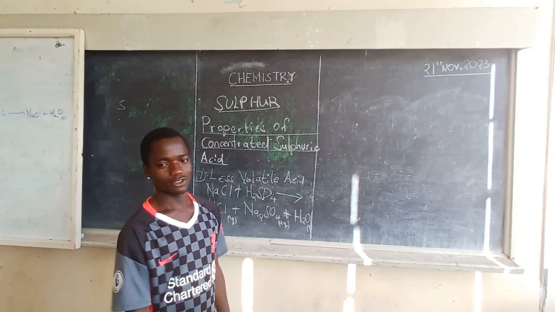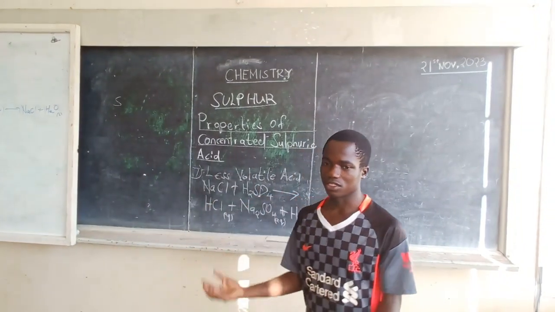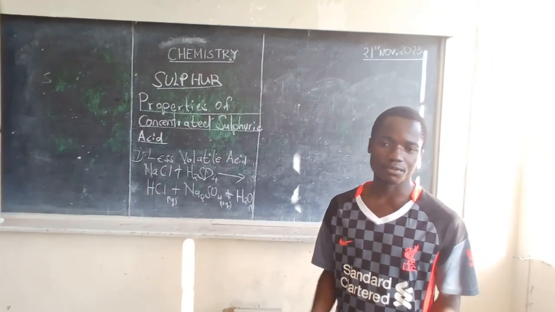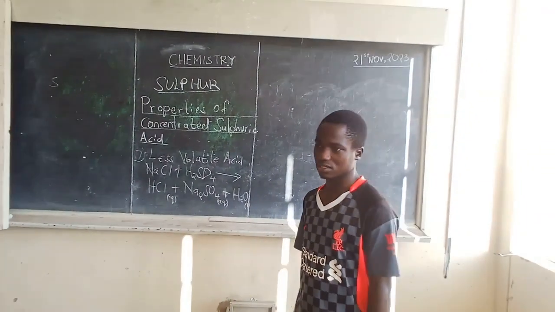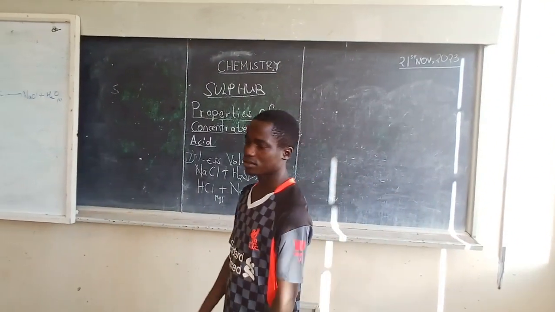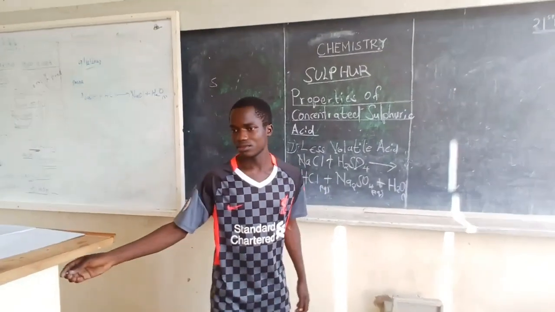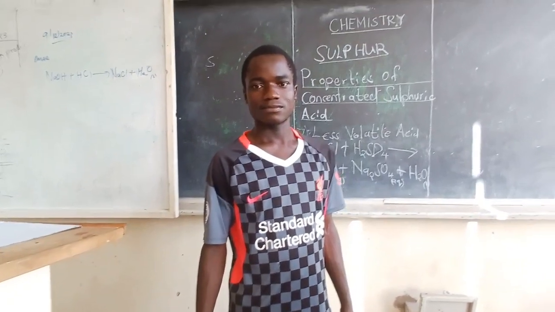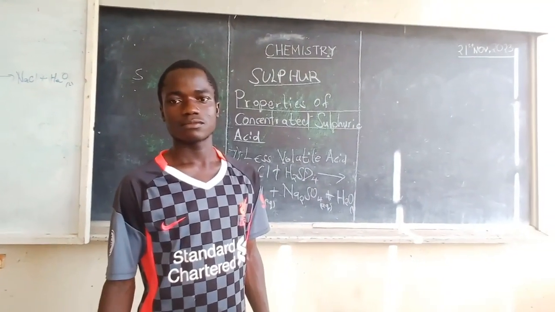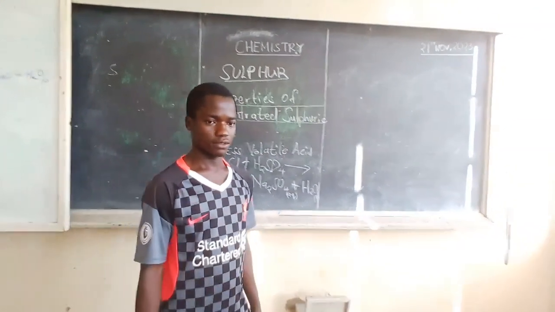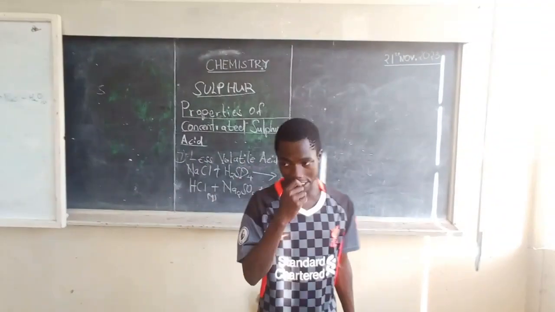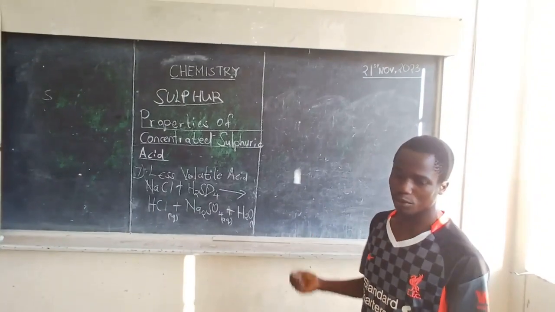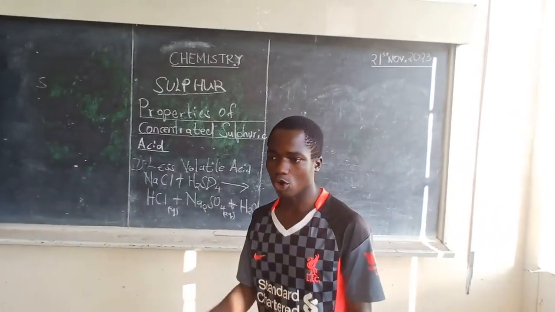You have also learned that sulfuric acid is a strong oxidizing agent since it oxidizes less reactive metals in the reactivity series. Very good. And we saw an example: it is able to oxidize copper.